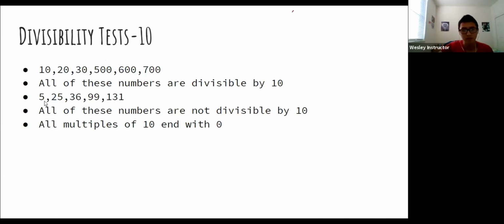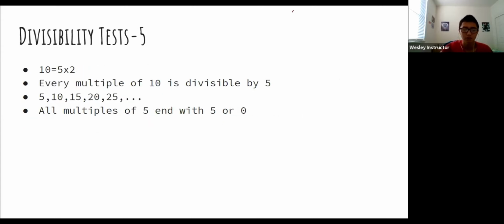If you multiply each of these numbers by 10, the product will end with a 0: 5 times 10 is 50, 250, 360, 990, 1,310. So that's how you know if something's divisible by 10.